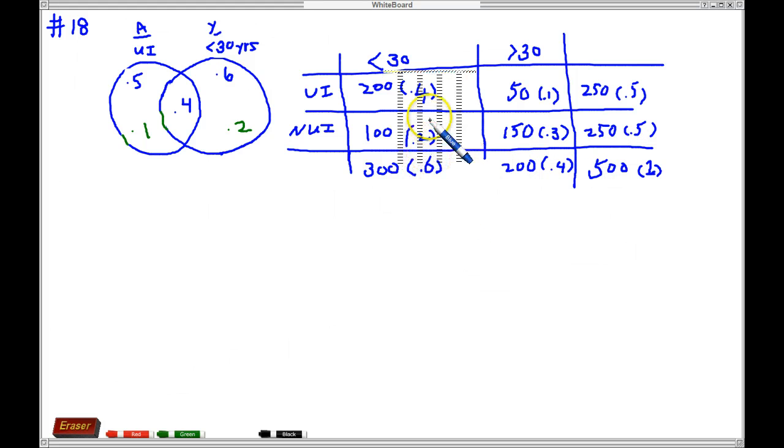And then I made a joint probability of each cell, and in this case 200 out of 500 is 40%, and 50 out of 500 is 10%, and 100 out of 500 is 20%, and so on. So these are the joint probability tabular format, and this one is called marginal probability, and this one is a total side and marginal probability.